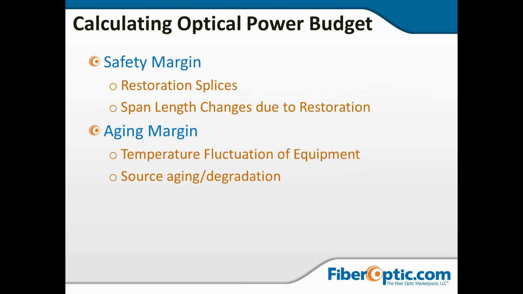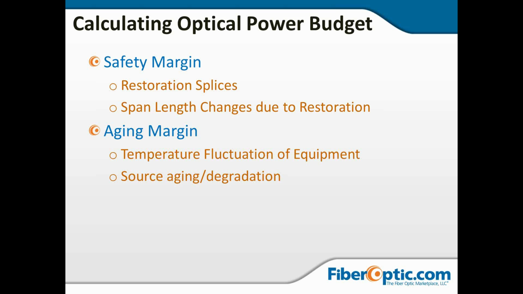We want to throw in a safety margin. How many restoration splices might we need? Span length changes due to restorations. It could be, if you've got slack out in the field and it's accessible, you might lose some of your fiber length by cutting out a bad part and using retrievable slack in the field.